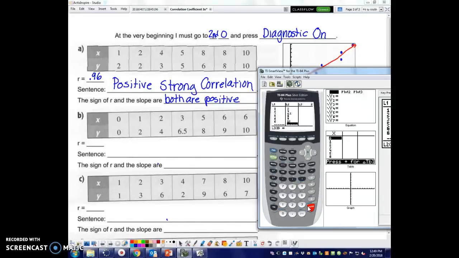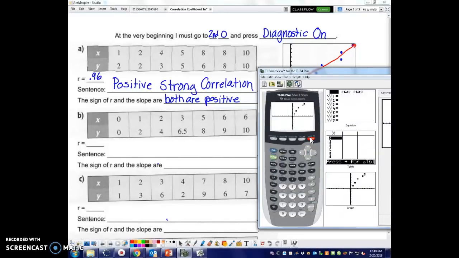Okay, next step. Second, y equals. And remember, we want to pick the scatter plot and turn it on. Okay. Now, if you hit graph, remember it's going to have your scatter plot there. That's what it should look like.